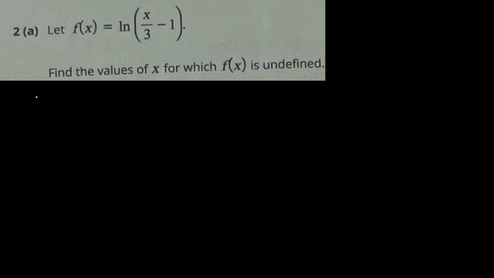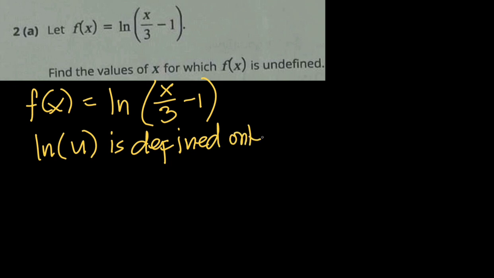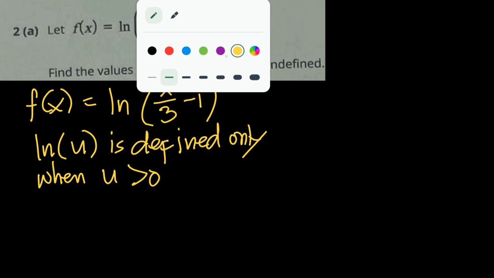Now let's solve another problem. Let f of x equals ln of x over 3 minus 1. Find the values of x for which f of x is undefined. So the same thing. We're given here a function with a natural logarithm. So let's recall the logarithm rule. So ln of u is defined only when u is greater than 0.